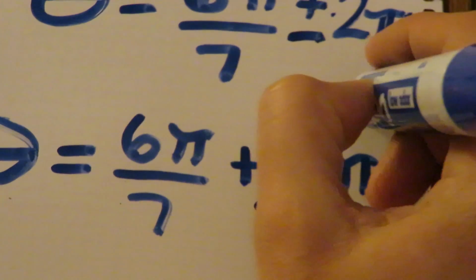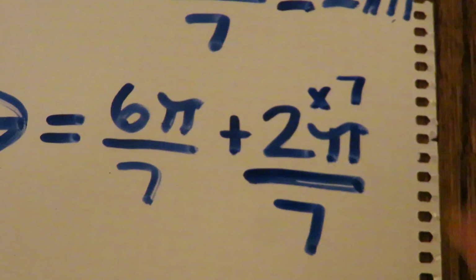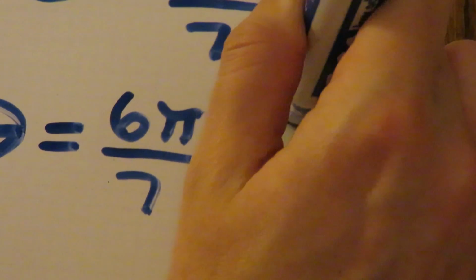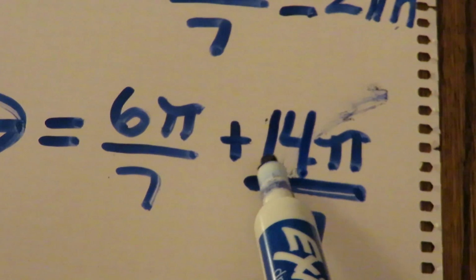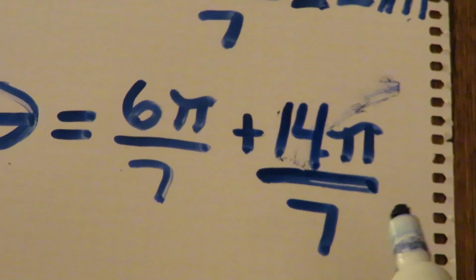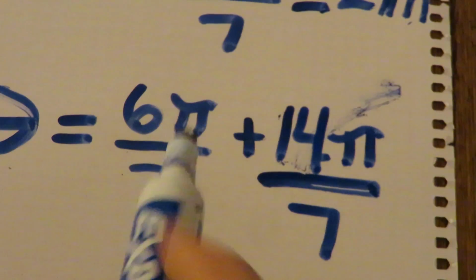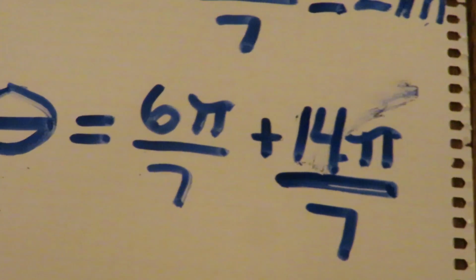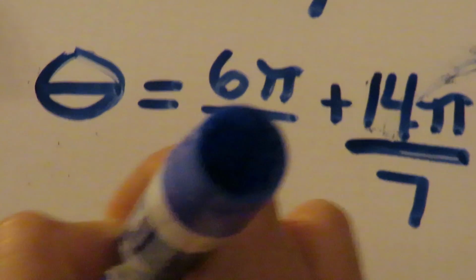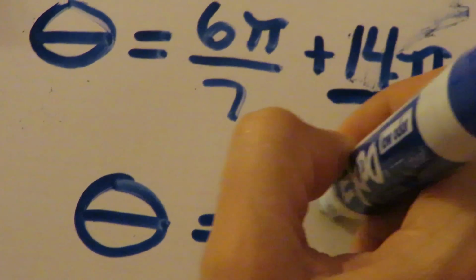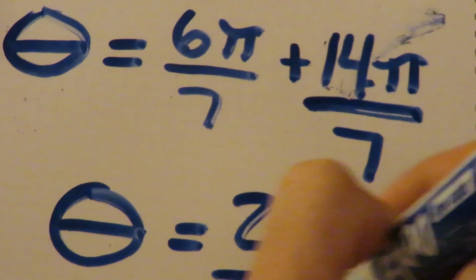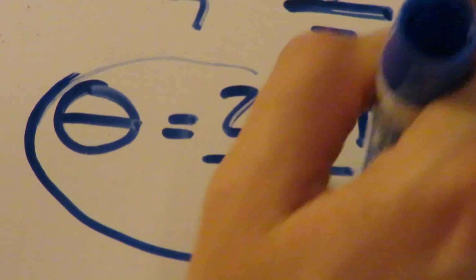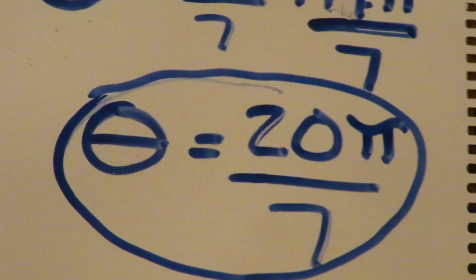So I go 2 times 7 on the top, which is 14. That makes sense too, because 14 pi divided by 7 is just 2 pi. So now I have 6 pi over 7 and 14 pi over 7, so my new angle is 20 pi over 7. So 20 pi over 7 would be an example of an angle that is coterminal with 6 pi over 7.